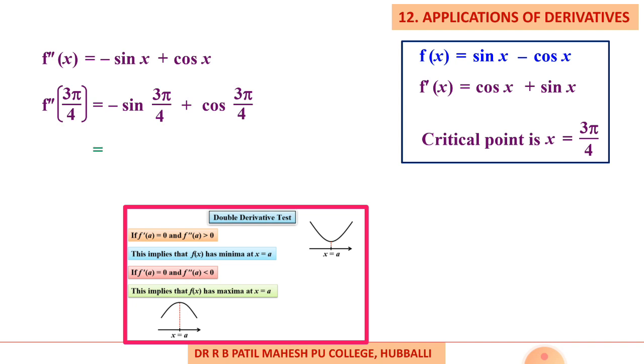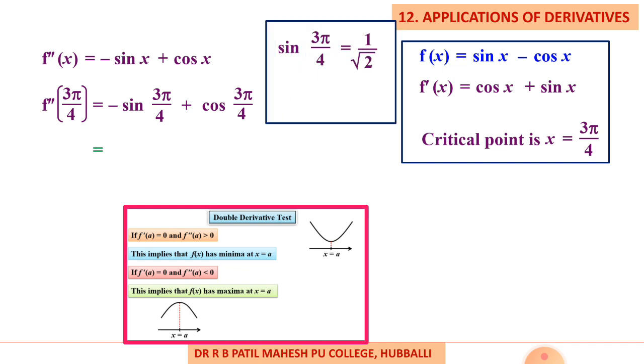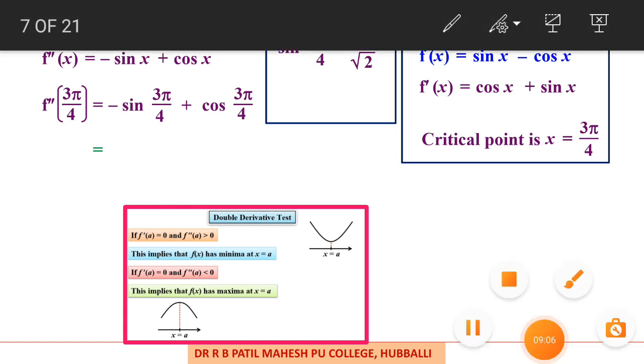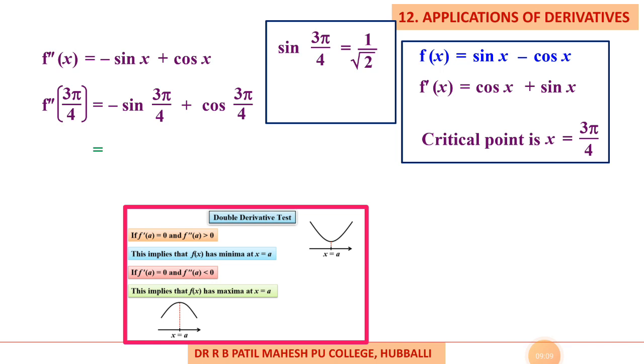Here sin 3 pi by 4 equal to 1 by root 2 and cos 3 pi by 4 equal to minus of 1 by root 2.